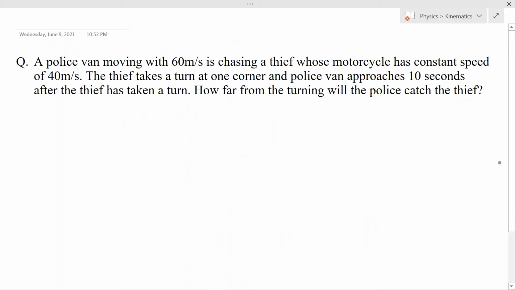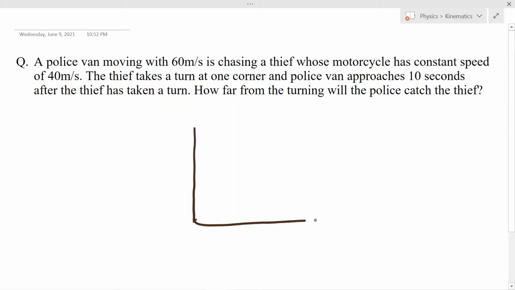A police van moving with 60 meter per second is chasing a thief whose motorcycle has a constant speed of 40 meter per second. The thief takes a turn at one corner and the police van approaches 10 seconds after the thief has taken a turn. How far from the turning will the police catch the thief?